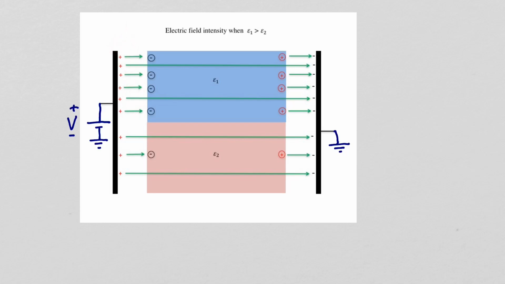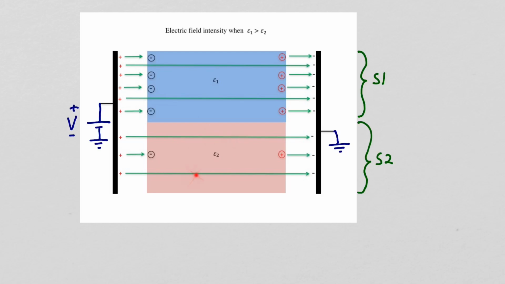In reality, there's no gap here. For simplicity, I've drawn the figures such that the cross-sectional areas of the two dielectrics are the same. To indicate the same electric field intensities in the two materials, I use the same number of electric field lines in the two materials.